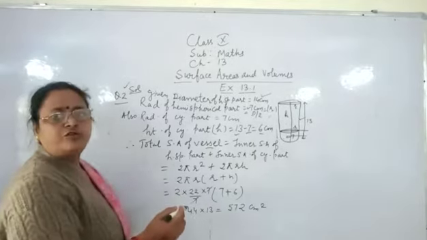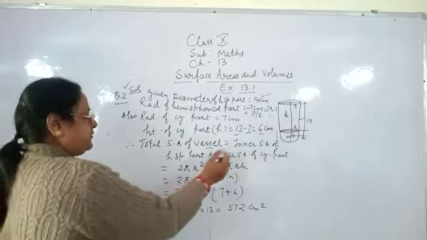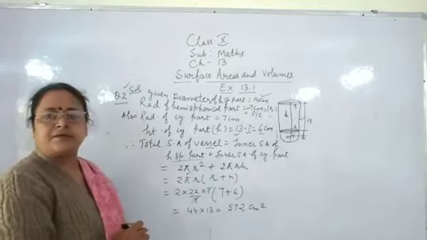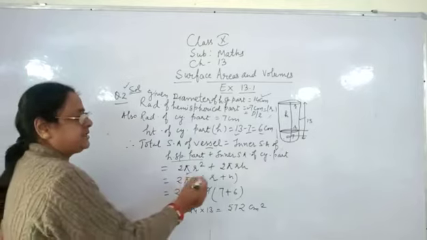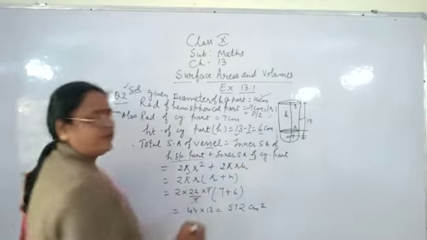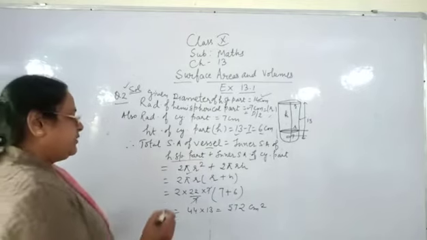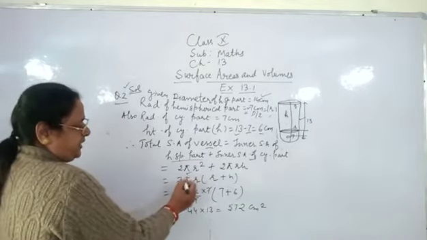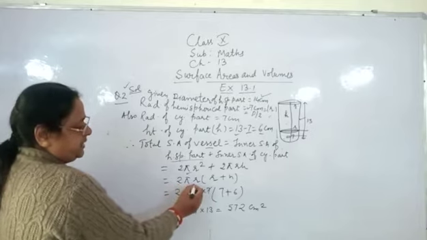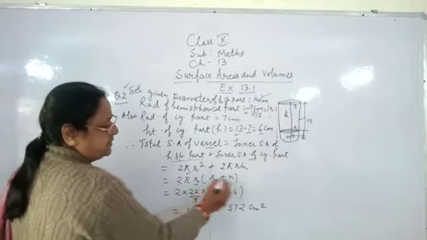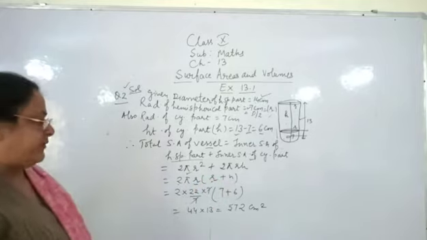The inner surface area of the hemispherical part is 2 pi r square, and the inner surface area of the cylindrical part is 2 pi r h. We can take 2 pi r common. It becomes 2 pi r into (r plus h), and you will put the values.